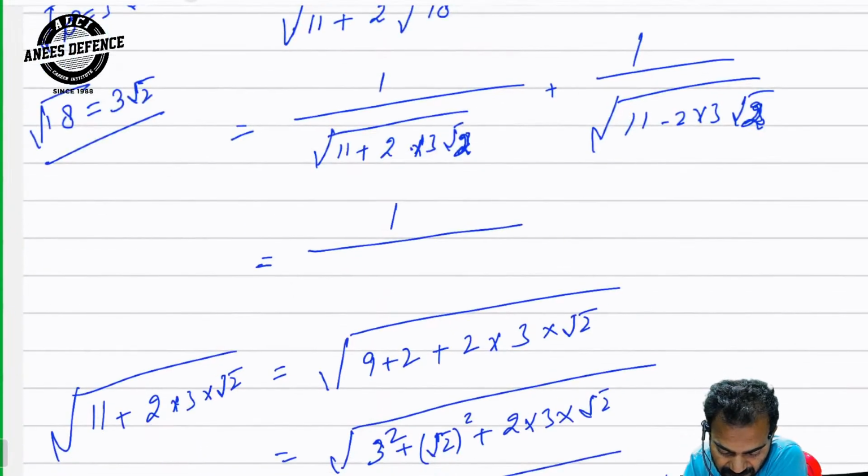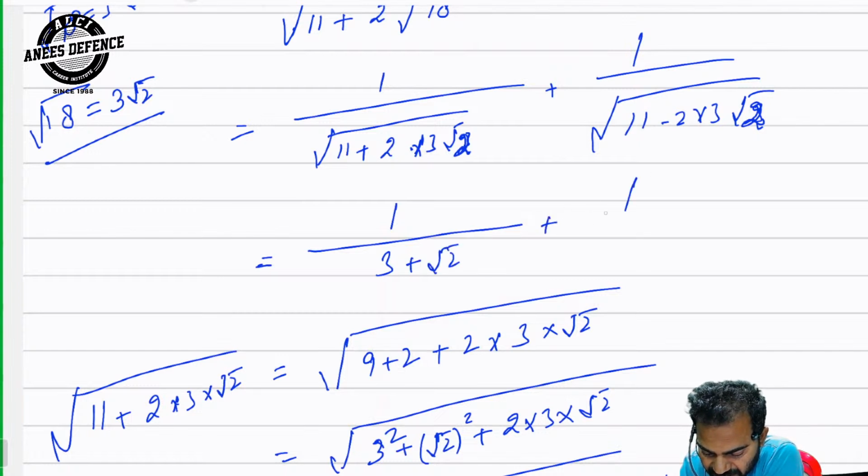So here, 1 upon the first one is 3 plus root 2 and the second one is 3 minus root 2.